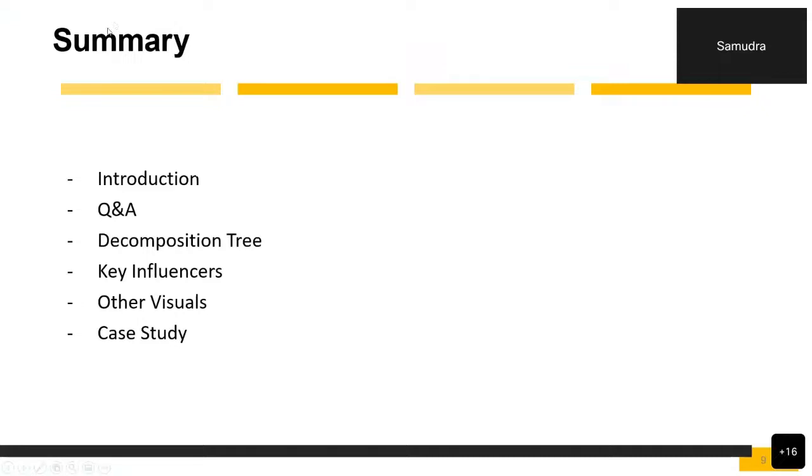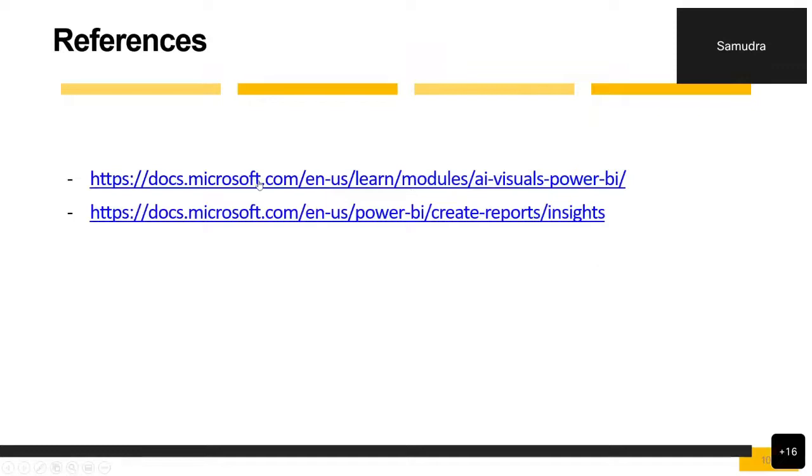First we got an idea about AI and Power BI, and then we went through the Q&A visual, decomposition tree and key influencers, and we talked about other visuals like insights and these prediction lines. We saw all these visuals using this case study, and these are two reference links which you can refer to for these topics.